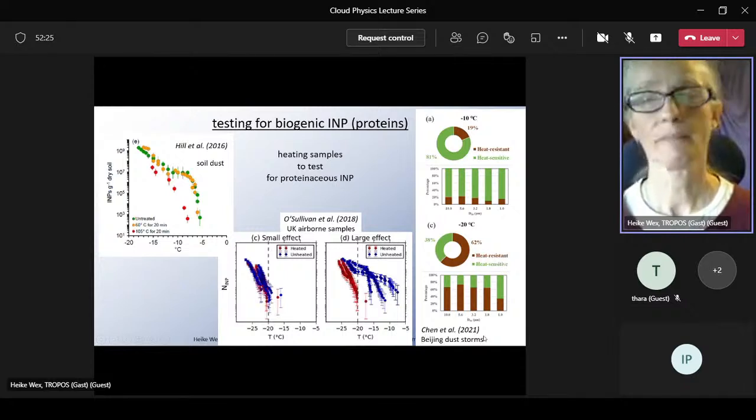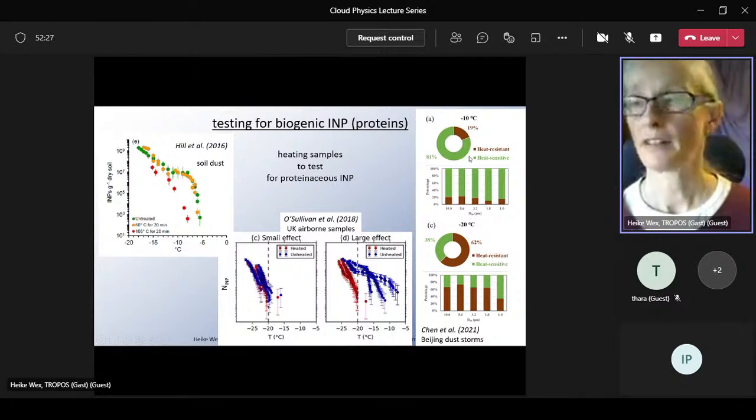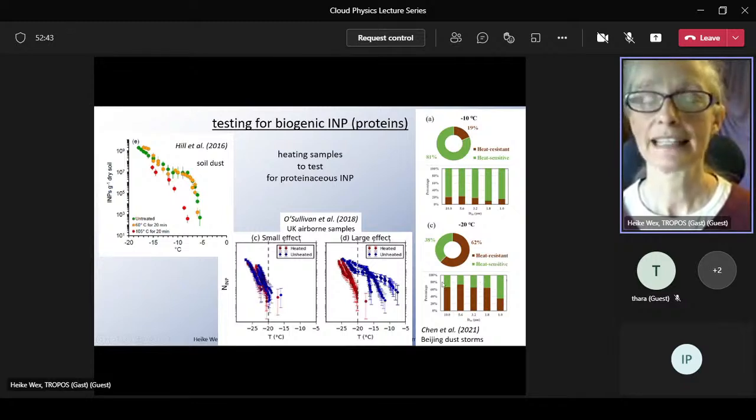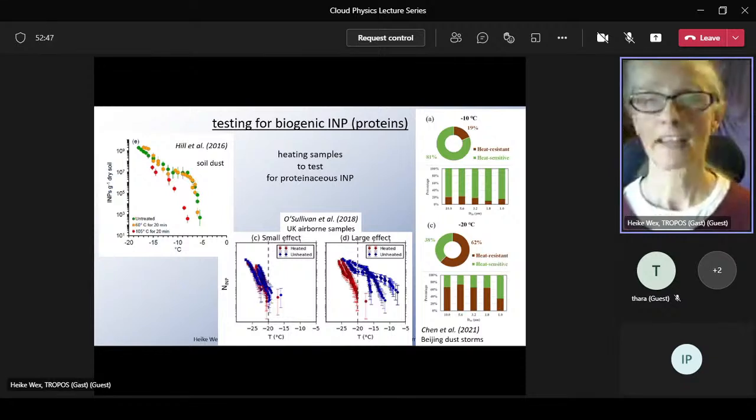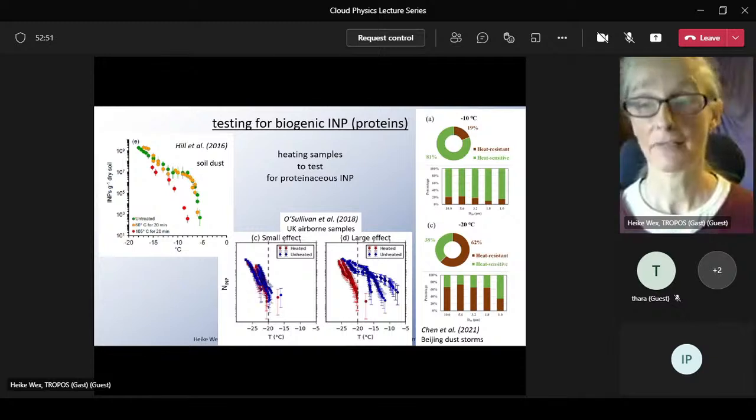And even for a dust storm, they found that at minus 10 degrees Celsius, 80% of particles across all size ranges, so these are different sizes from 1 to 10 micron here, were heat sensitive. And even at minus 20 degrees Celsius, still 30% of all particles were heat sensitive in Beijing, in dust storms. So we have many biological INP out there, active at high temperatures.